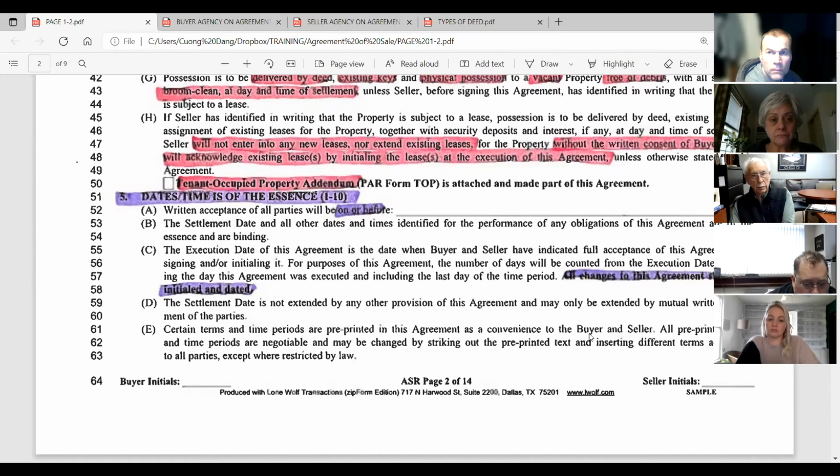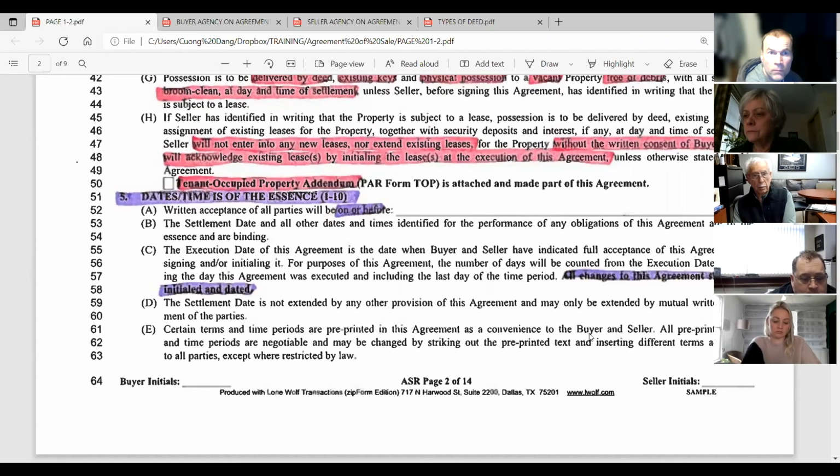And as far as the seller, they accepted the deposit money and took their house off the market. So they are accepting the buyer's money and this contract as well. So there's a continuance there, and you can't just go back and say, well, that date has passed. But again, it's just good practice to have that date match up with the day that you have it executed, or at least afterwards.